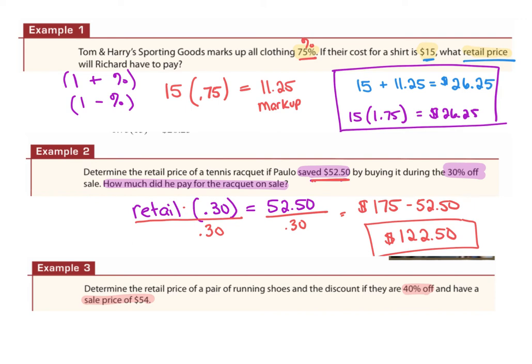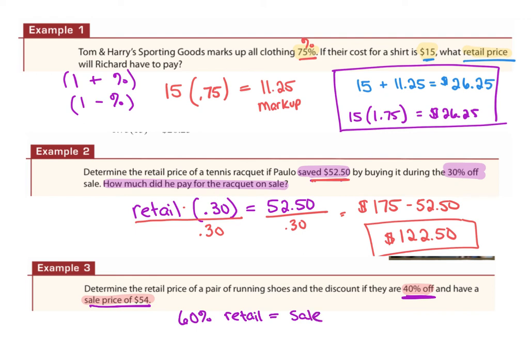This is where the 1 minus comes into play. So if I'm discounting it, the sale price should not be 40% of the retail price. That's the amount they took off. It should be 1 minus the 40%, which is 60%. So I know that 60% of my retail price should equal my sale price because I took 40% off.